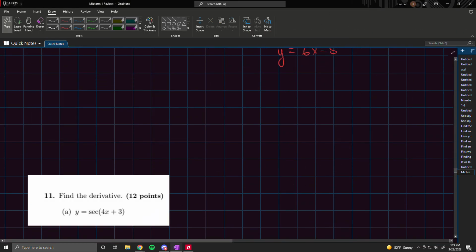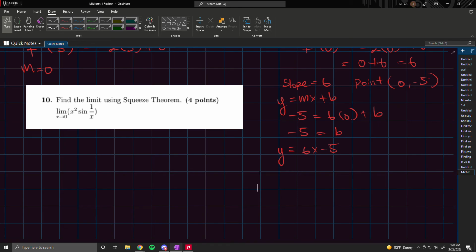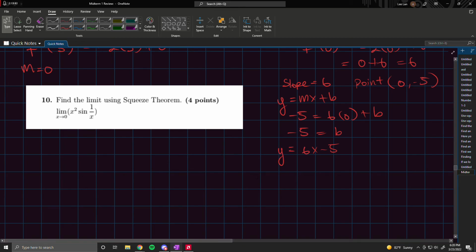Nice. Okay, number 10, find the limit using squeeze theorem. Oh yeah, I forgot to mention, if you're following along and sometimes the questions don't match what was on the midterm, I think this is the updated version of the midterm where the typos are fixed.